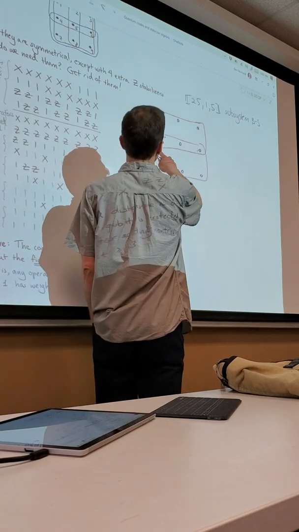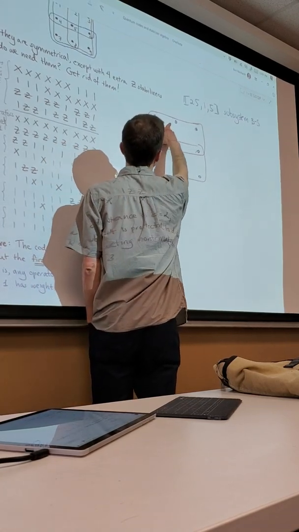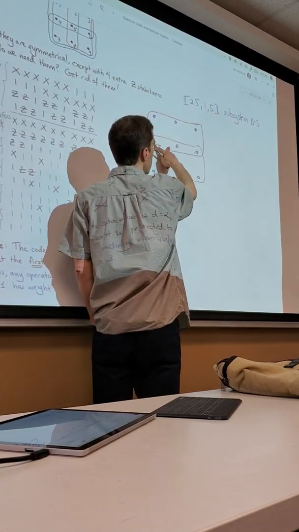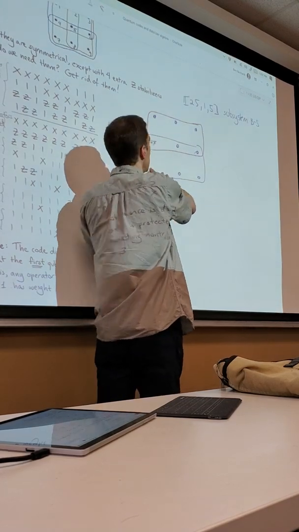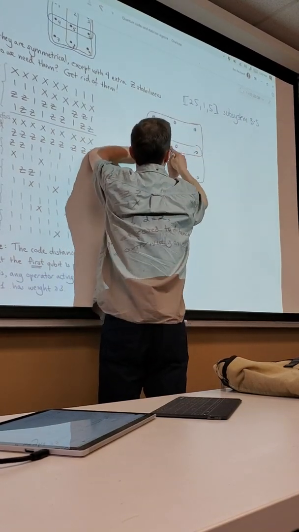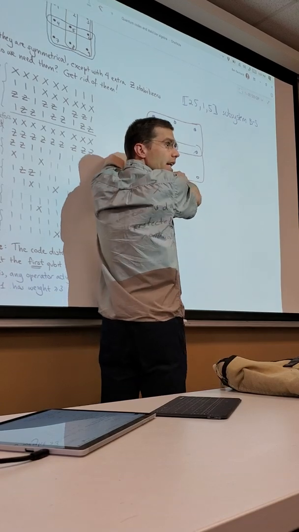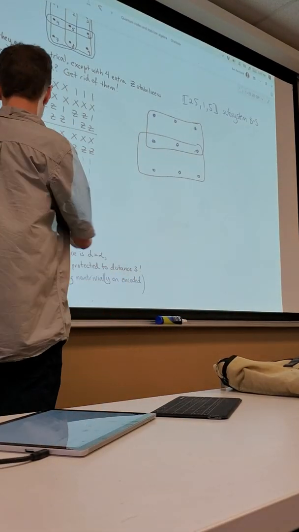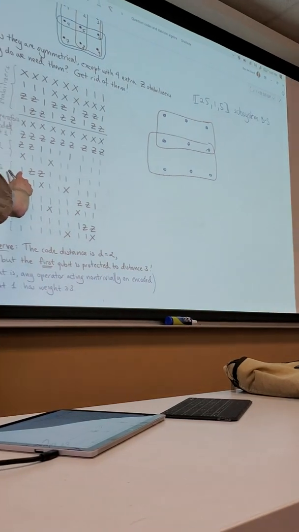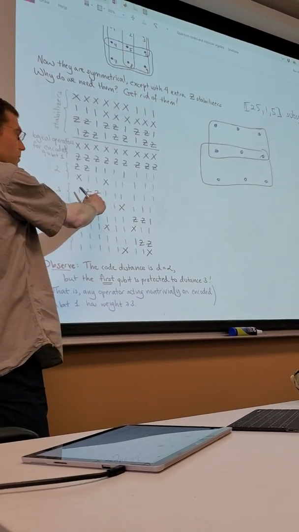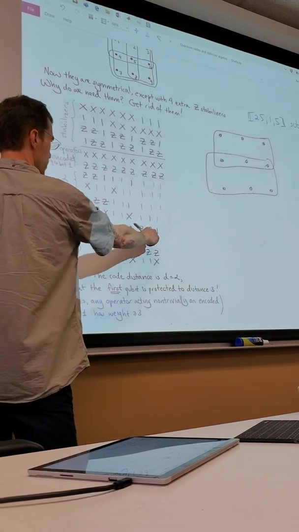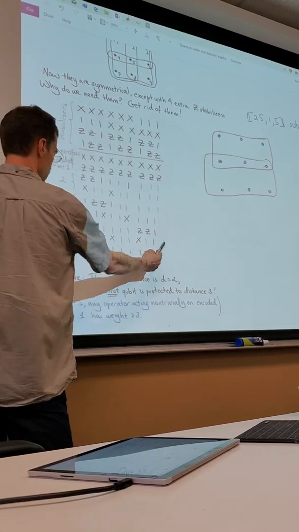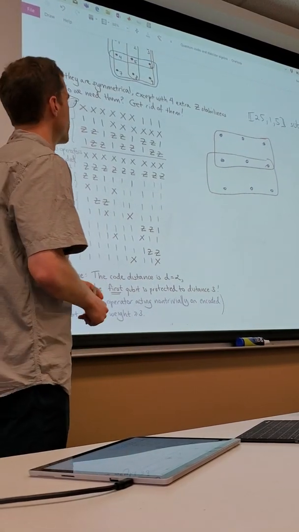A logical Z operator, well, for example, 2 Z's in the same row will definitely commute. It's like 2 Z's here, 2 Z's there, 2 Z's here, whatever. Any 2 Z's in the same row, that's a logical operator. So that's what these guys are. That's 2 Z's in the same row. That's 2 Z's in the same row. So that's what's going on there.